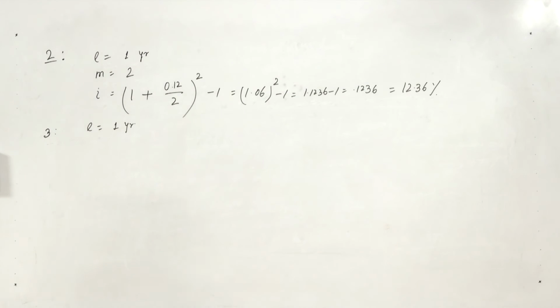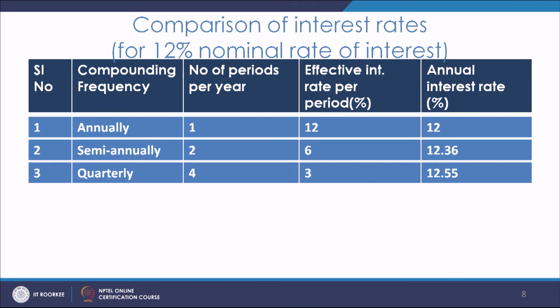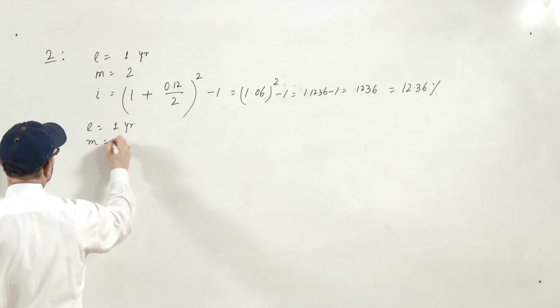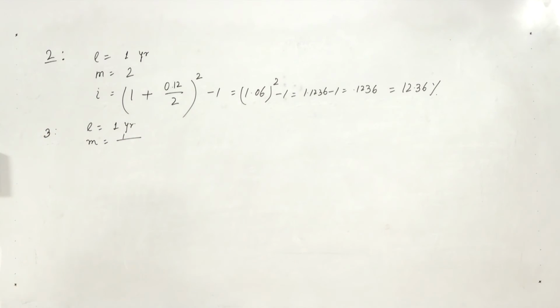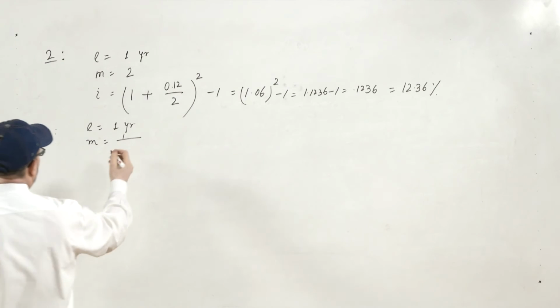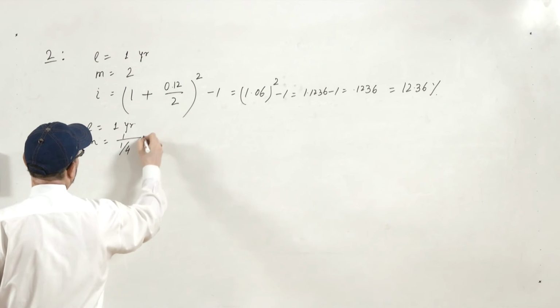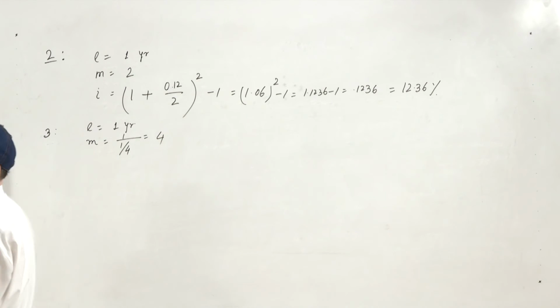Once you go for quarterly compounding, M is the reciprocal of 1/4 years, that is for 3 months. So, 1/4 years comes as 4.